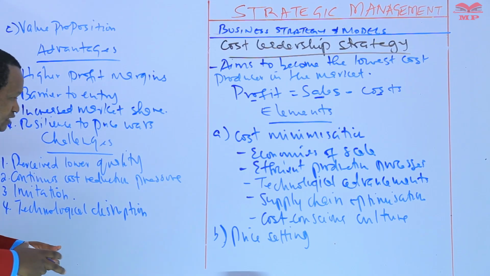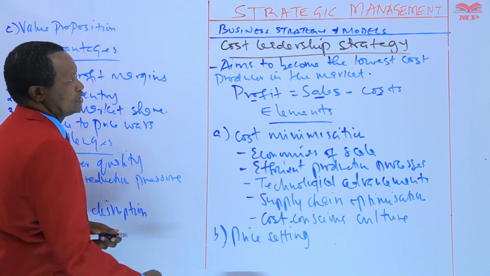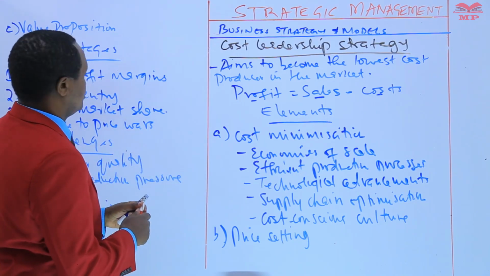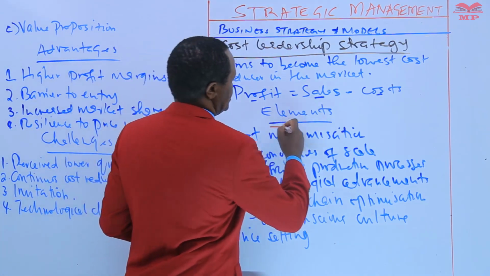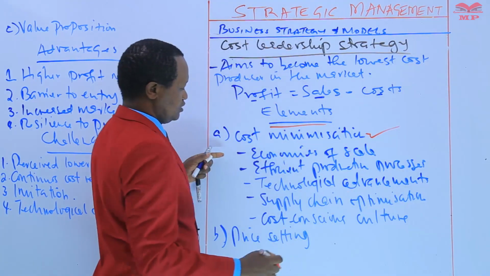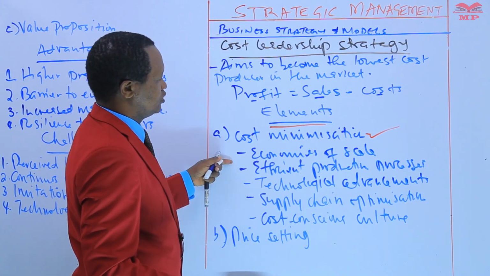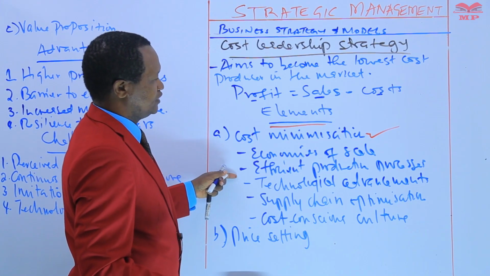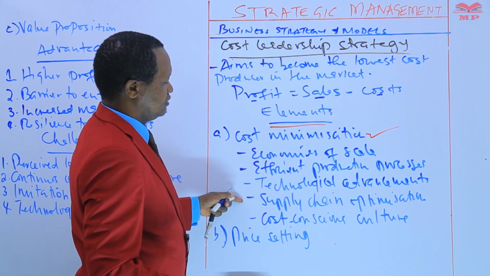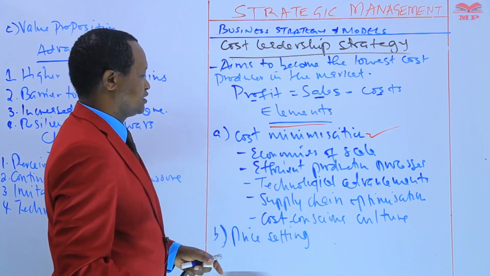And that's all, candidates, for cost leadership strategy. We've defined what a cost leadership strategy is. We've identified 3 elements. One is cost minimization. We've outlined 5 ways in which a company can minimize costs: economies of scale, efficient production processes, technological advancements, supply chain optimization, and fostering a cost-conscious culture.